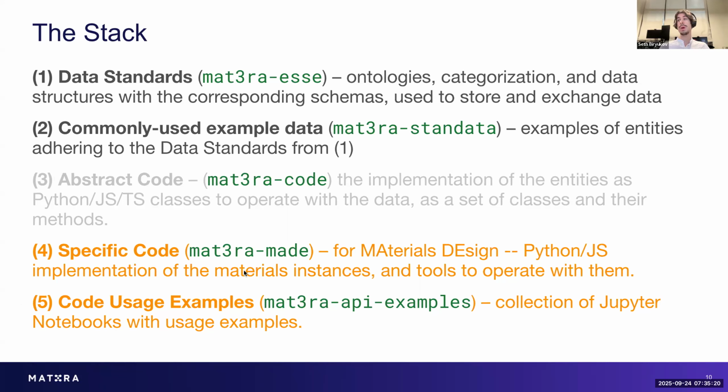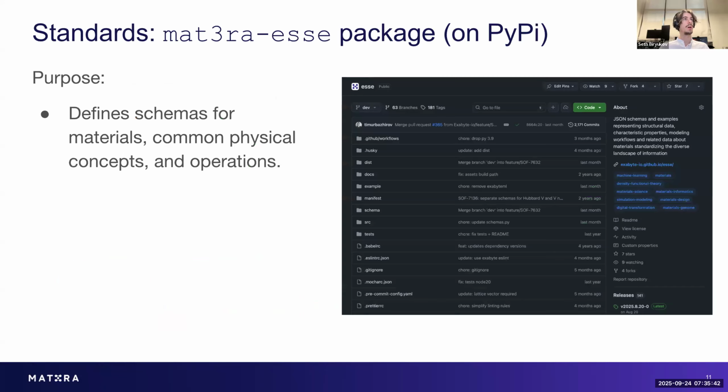And it's the main code base that has all the functionality to analyze, construct new materials, and operate with them. And the last one is the code usage examples stored in Mat3ra API examples. And it consists of a set of Jupyter notebooks that showcase how to use our approach. So first is, as I mentioned, the JSON schemas standards in Mat3ra ASC package, and it defines schemas for materials, common physical concepts, and operations.